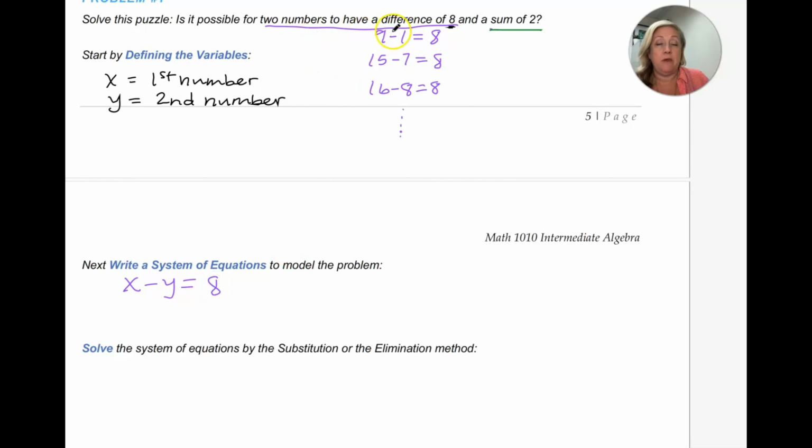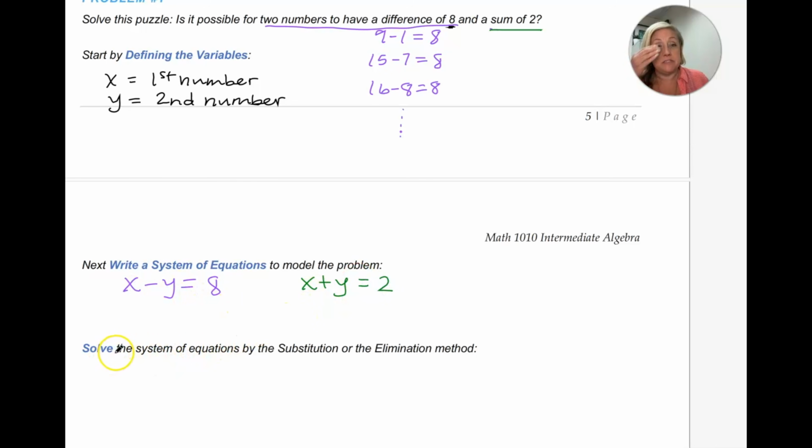Right? So there's one of my equations. Now my other equation has to add to be 2. So these same two numbers need to sum to 2 or add up to be 2. So x plus y equals 2. So there are my two equations.